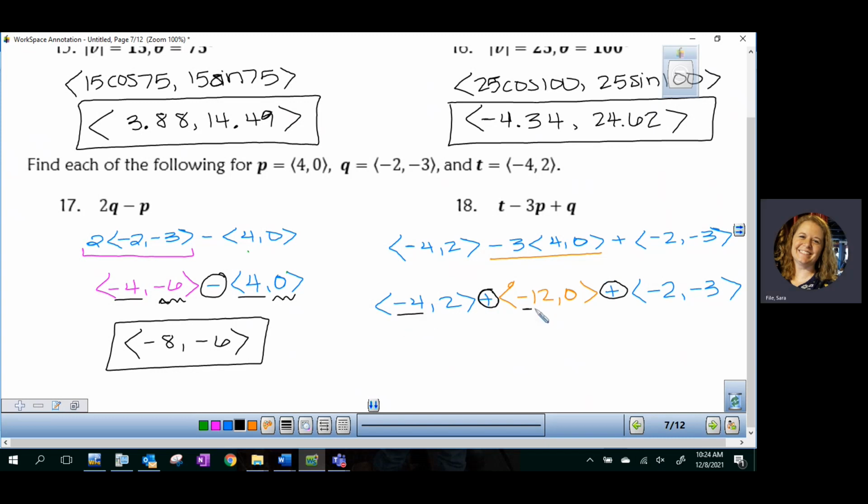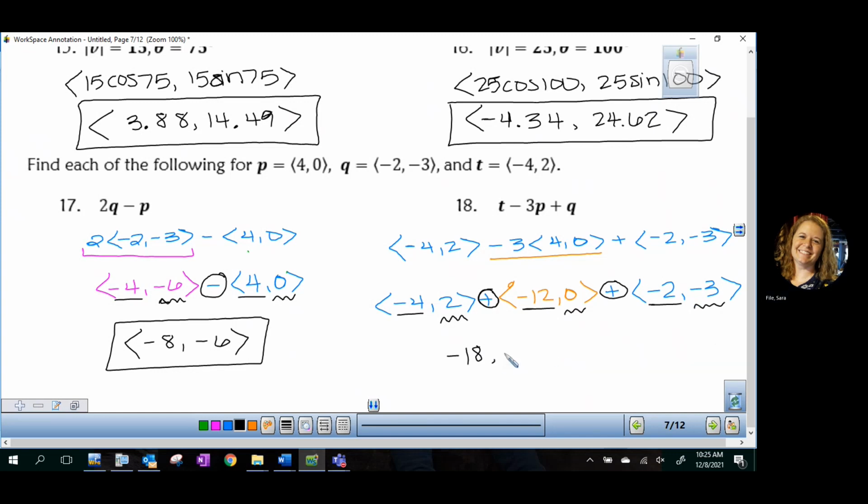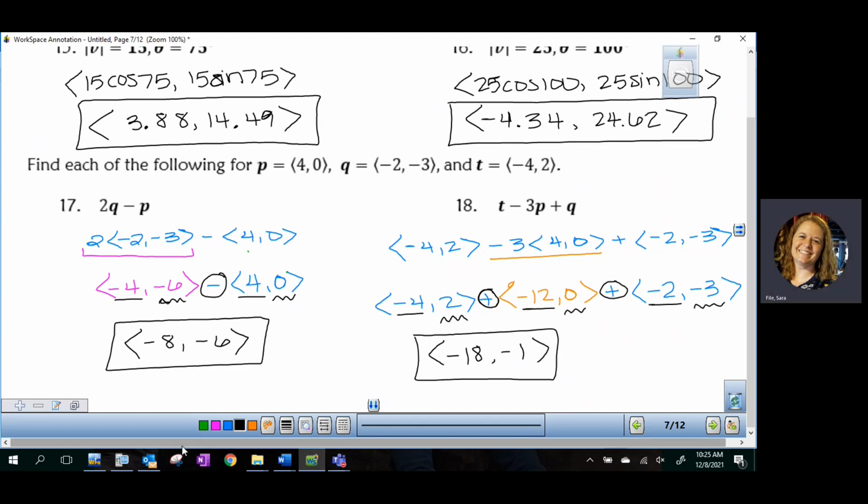That's -4, -12, and -2. That's -18. And then the vertical components, that's 2, 0, and -3. So that's -1. You okay with that? All right.